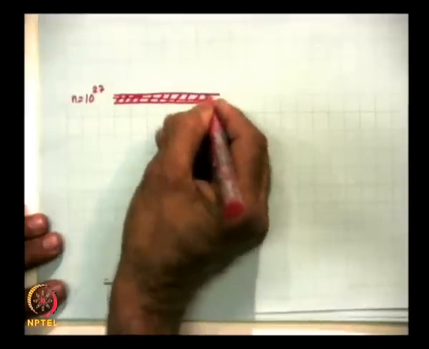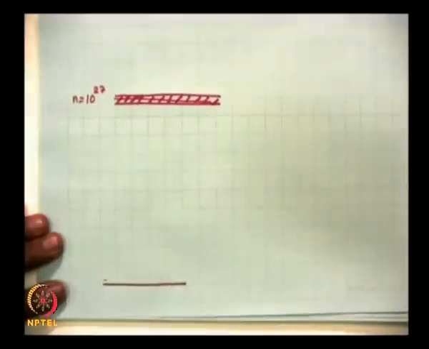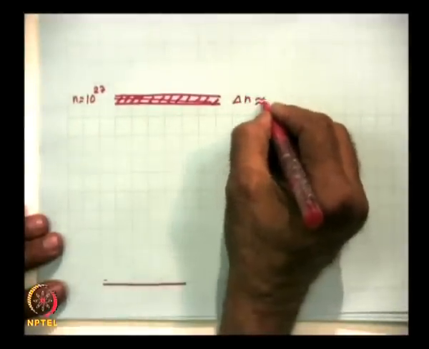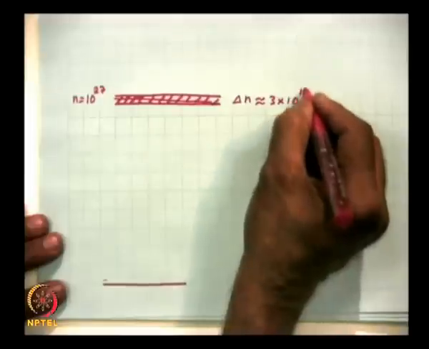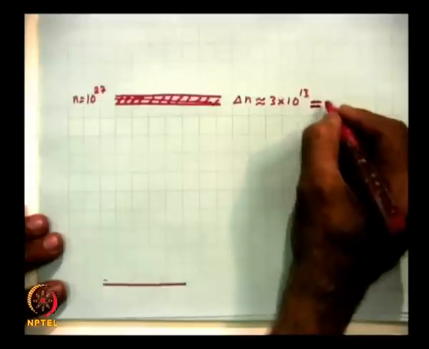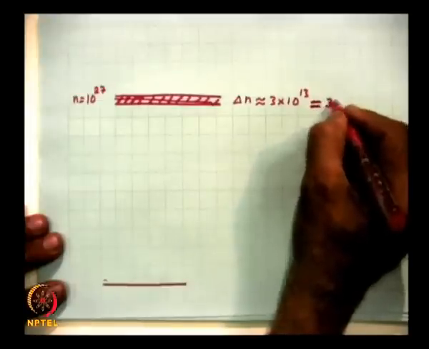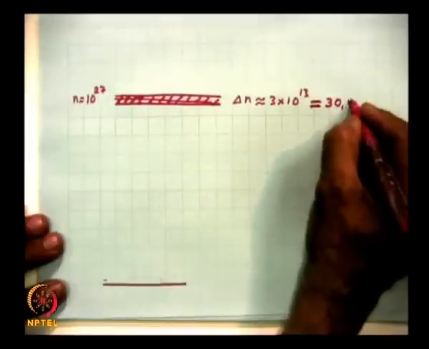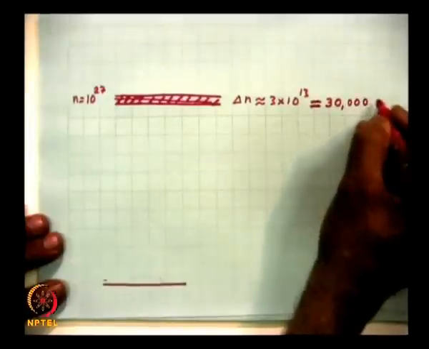This is the delta n. Delta n is very large. Delta n is of the order of 3 into 10 to the power of 13, that is 30 into 10 to the power of 12, 30,000 billion states, 30 trillion states.